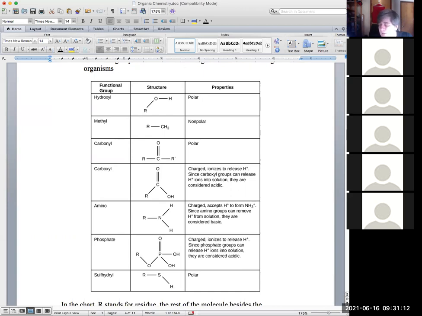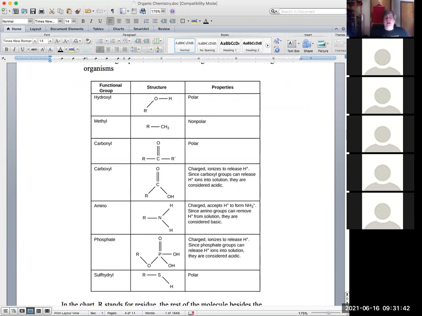If we look at the average protein in the human body, the average protein in the human body is over 100 amino acids long. And if we look at an amino acid, it is at least 10 atoms. So 100 amino acids, 10 atoms each. There are at least 1,000 atoms in an average protein. And sometimes there are millions.